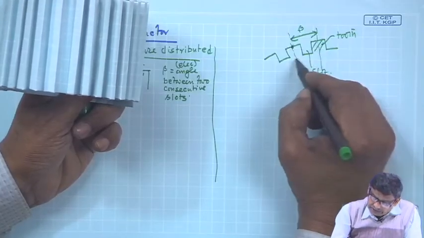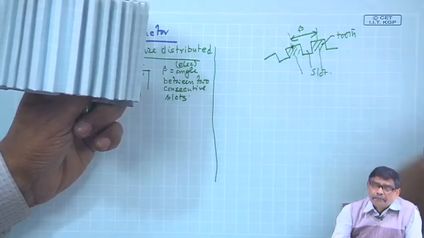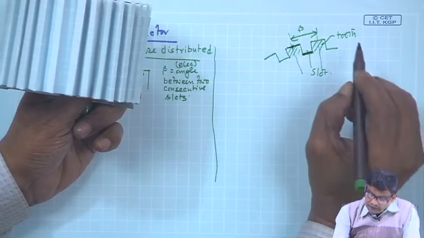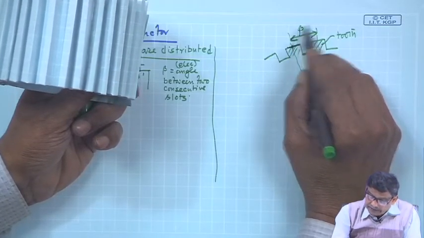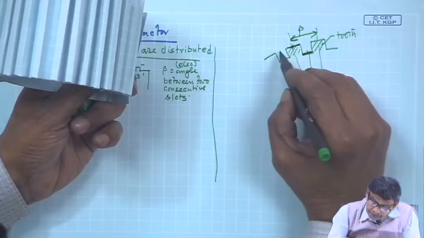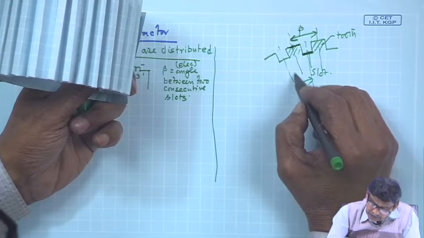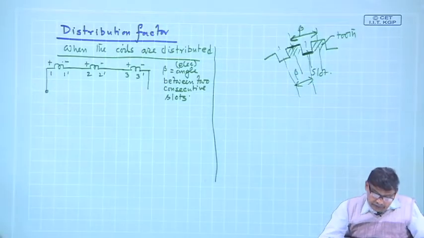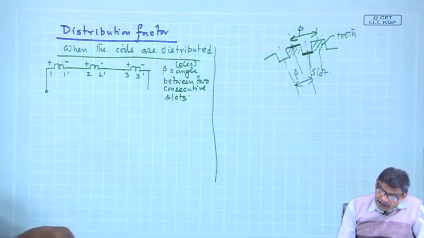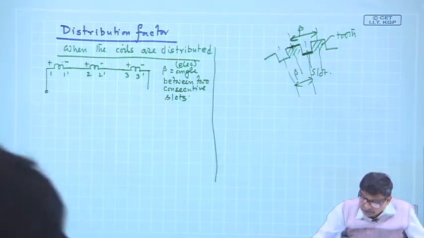So, this is called tooth pitch and slot pitch, they are all same, that is this and this are same length. So, when I say the angle between the 2 consecutive slots is beta, I mean this or this, they are one and the same thing. Okay. So, beta is the angle between 2 consecutive slots, and suppose I have distributed my coils in 3 consecutive slots.